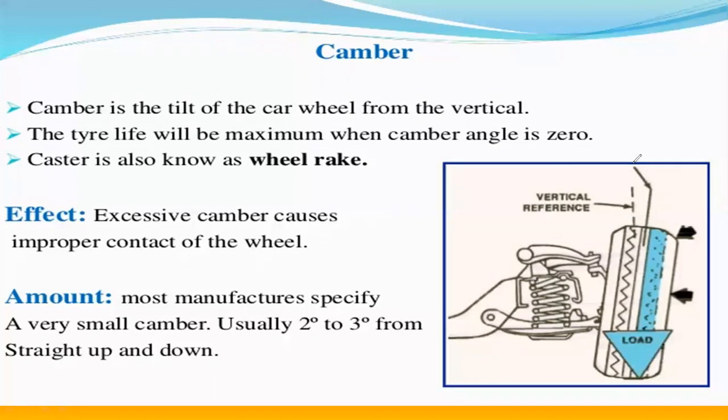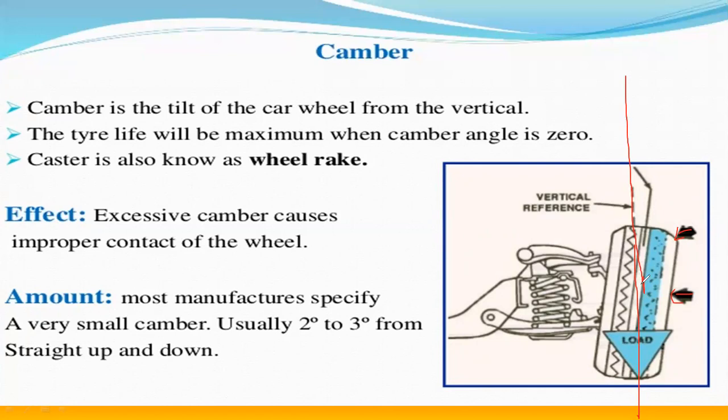That is the vertical position, the exact vertical line. But the tire is fixed on the axle at some inclined angle, and the edges of the tire also have some angle.